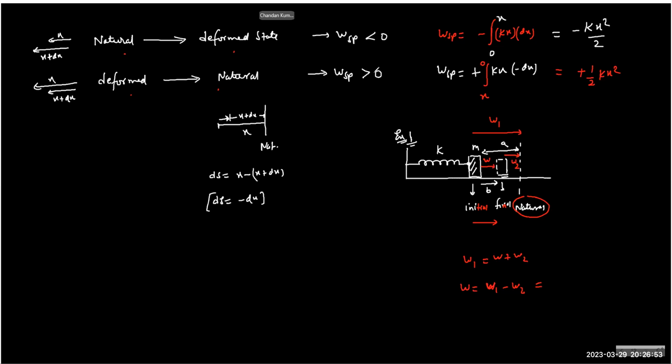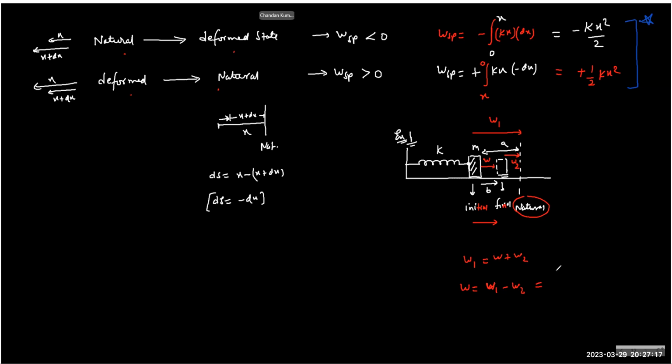These relations have certain validity conditions. You can't apply them as per your own will. You have to understand how to apply them correctly. So we can only write from the deformed to natural or natural to deformed. There is no other way of doing it.